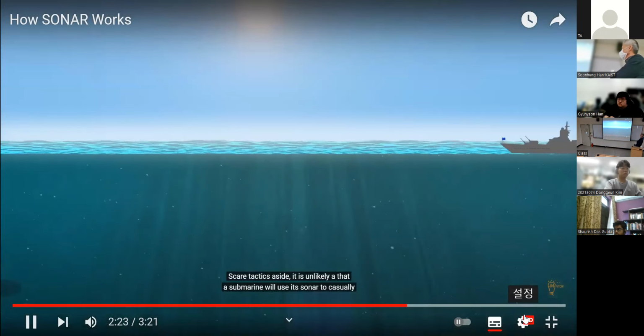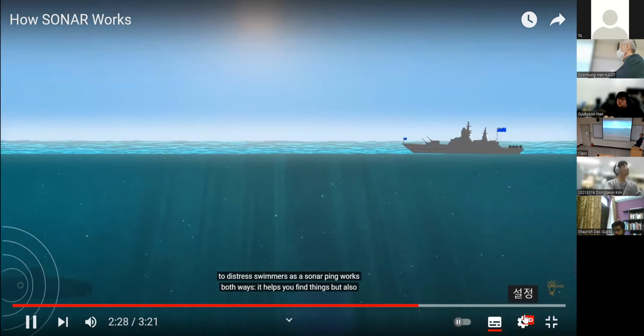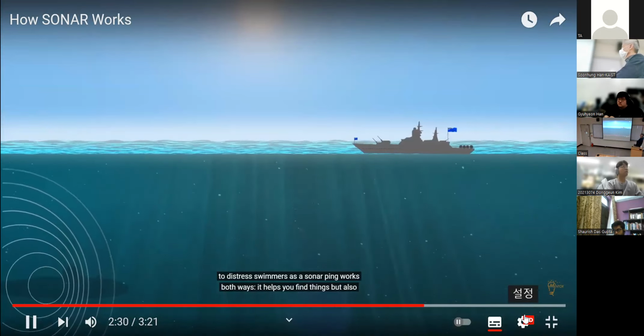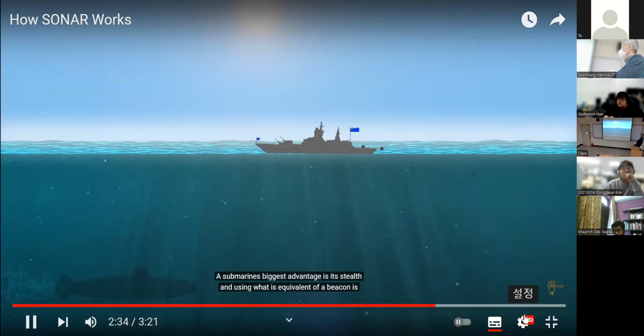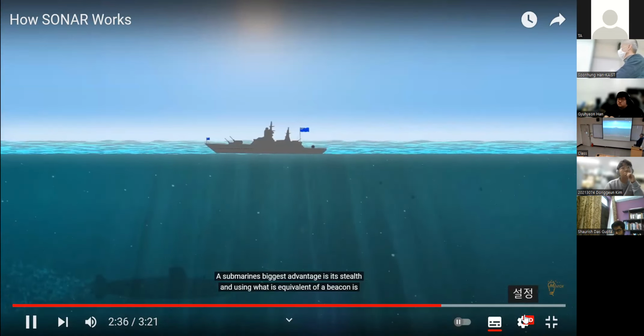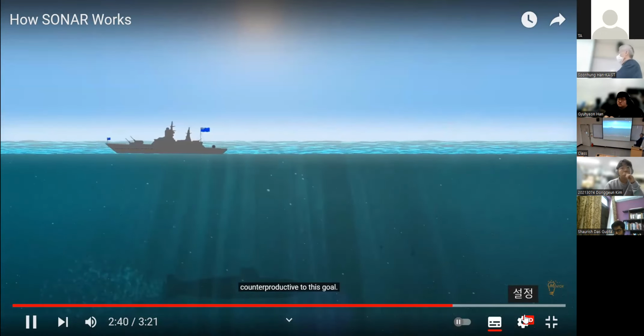Scare tactics aside, it's unlikely that a submarine will use its sonar to casually distress a swimmer, as a sonar ping works both ways. It helps you find things, but it also helps things find you. A submarine's biggest advantage is its stealth, and using what is equivalent to a massive beacon is a bit counterproductive to this goal.